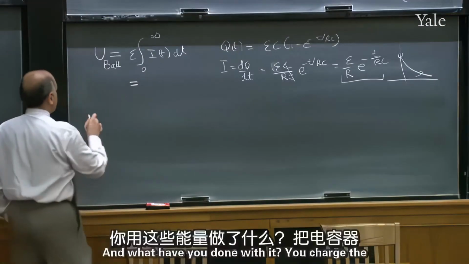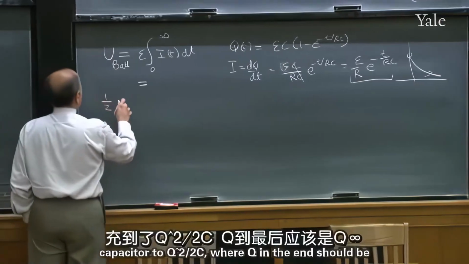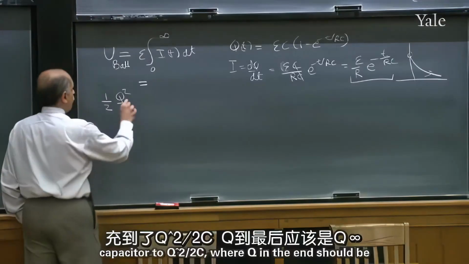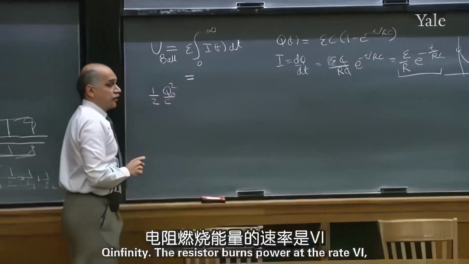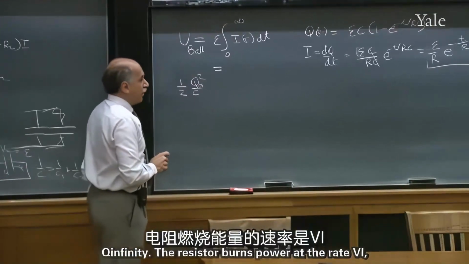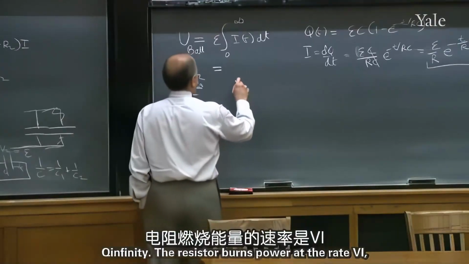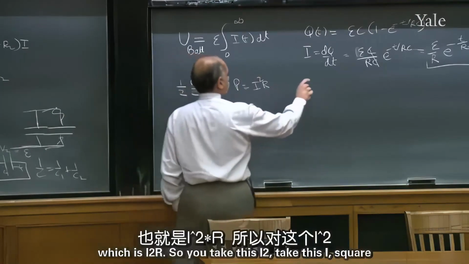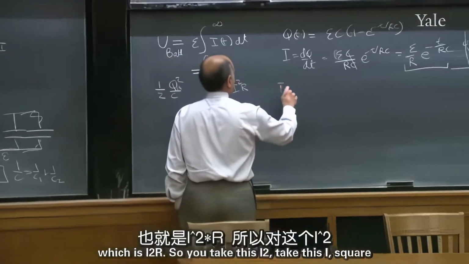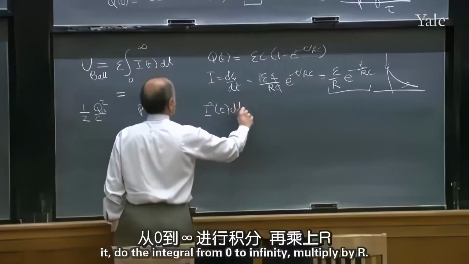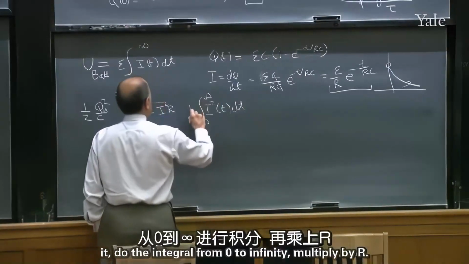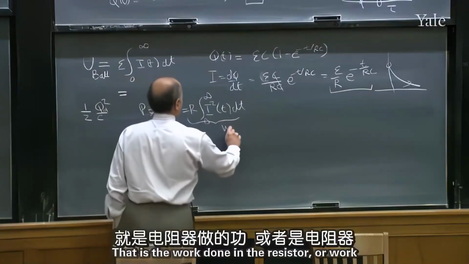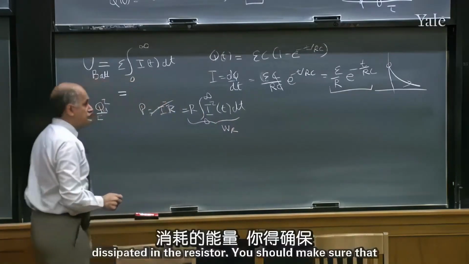And what have we done with it? We have charged the capacitor to one half Q squared over 2C, where Q in the end should be Q infinity. The resistor burns power at the rate VI, which is I squared R. So you take this I, square it, do the integral from 0 to infinity, and multiply by R. That is the work dissipated in the resistor.